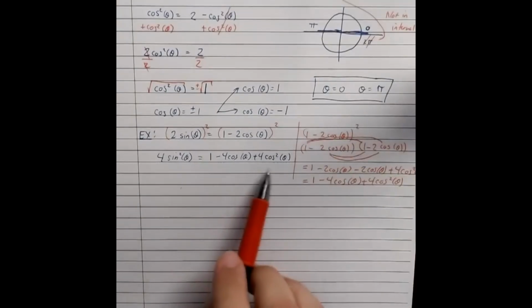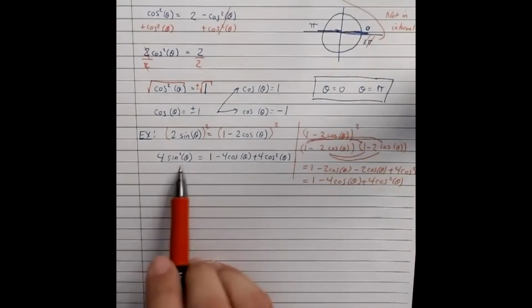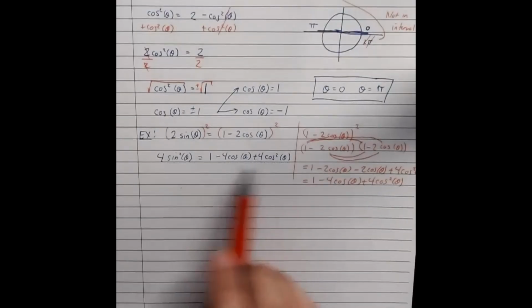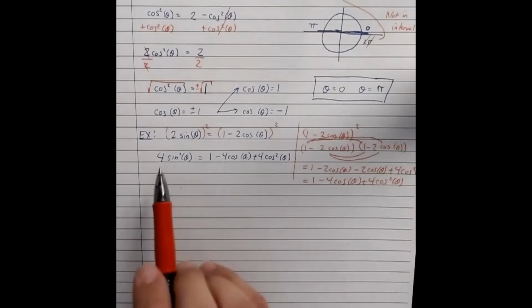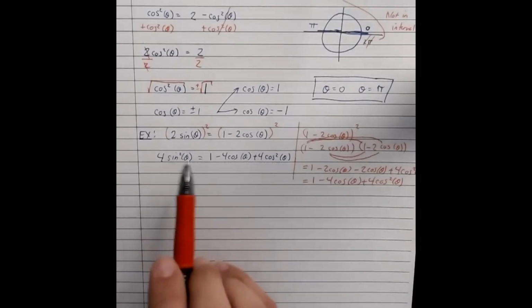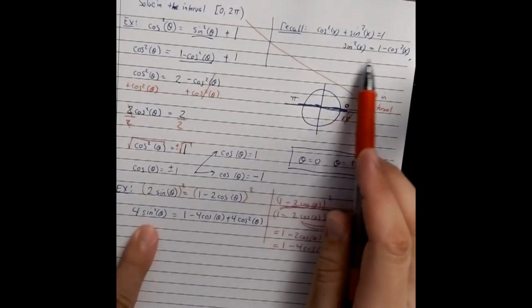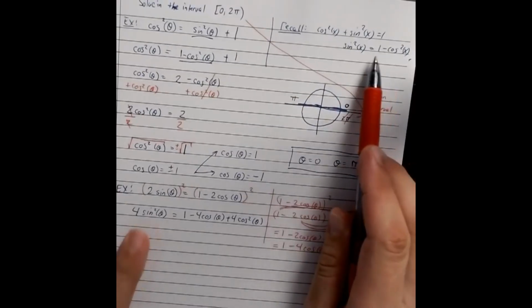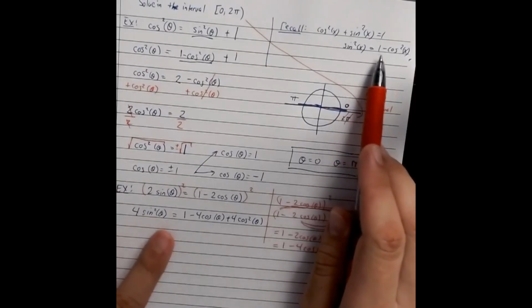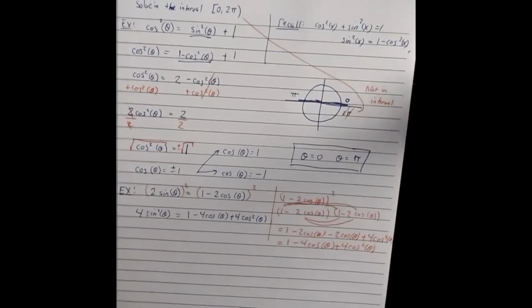All right, well, I have 2 of these that are cosines, and one of this is a sine. Okay, so I should probably change this one. Could I change all the other ones? Yeah, maybe, but here there's only one thing to change, so it'll be easier to work with this one. So, using my Pythagorean identity, sine squared of theta is equal to 1 minus cosine squared of theta.